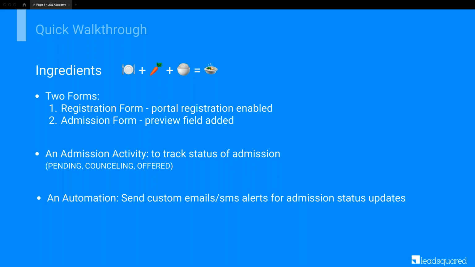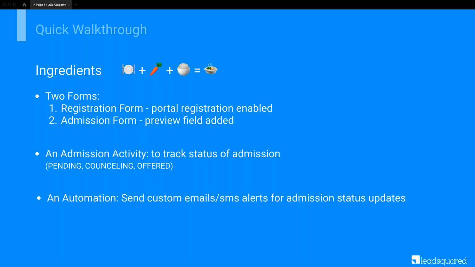One is a registration form so that our leads can register or log in through OTP, right? A quick note is that whenever you are creating a registration form at LeadSquared, for example, for new users, you will have to enable the portal toggle in your form settings. That is something you can find in our help center in more detail also. So we'll need one registration form, right?